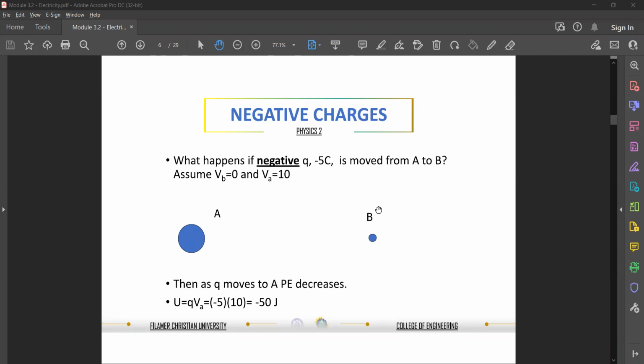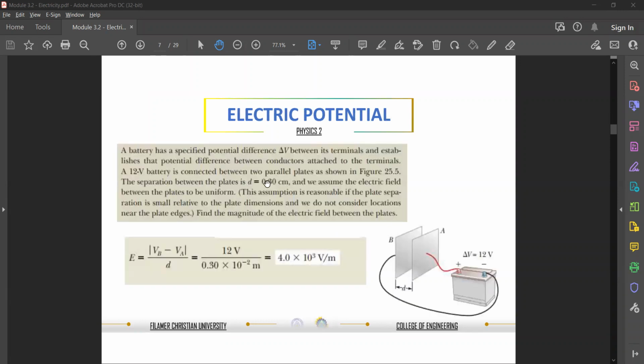Our work is still equivalent to charge times voltage, so that is -5 times 10, or -50 joules.